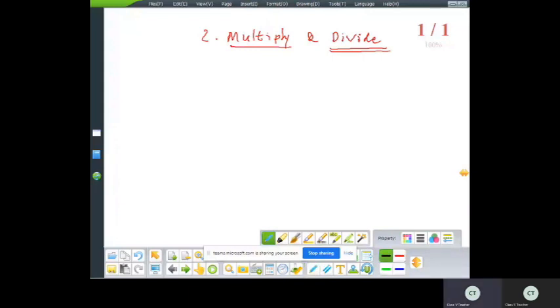Share 10 bananas equally between 2 boys. Question number 2.